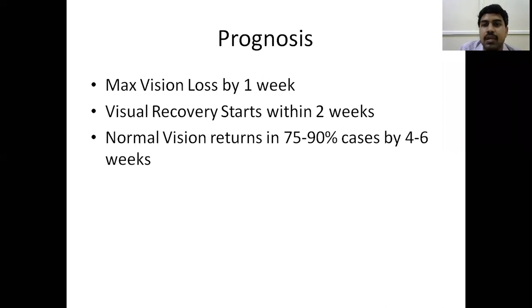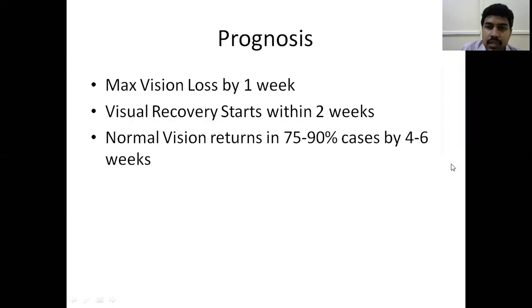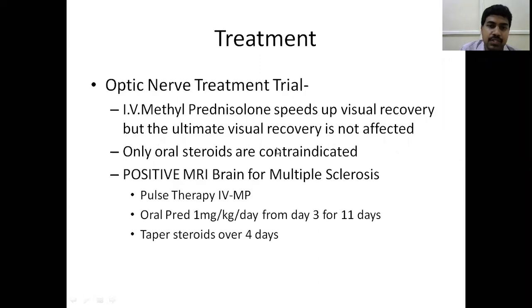So complete vision recovery is not guaranteed after optic neuritis. Even if you give treatment, complete vision recovery, that is the patient achieving 6/6, is not possible in all the cases, but still the speed of the visual recovery is more. Usually it takes 4 to 6 weeks, but if you give treatment, even within 2 to 3 weeks the patient's vision can recover.